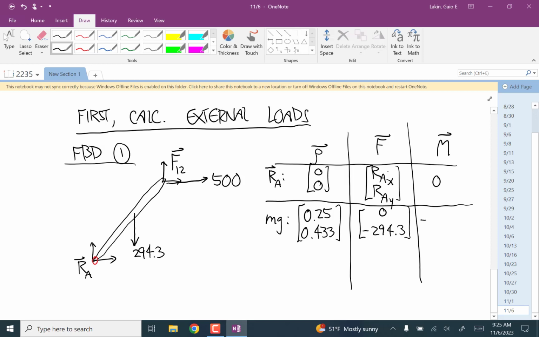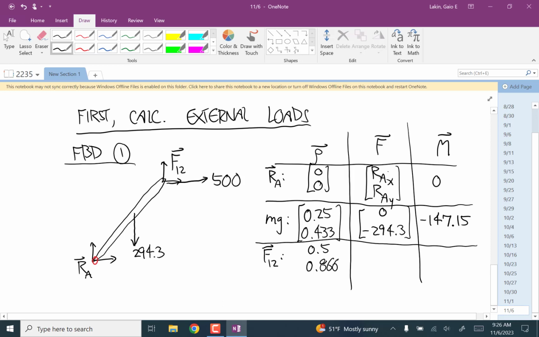And so the cross product is negative 147.15. Then the force, the row vector is 0.5, 0.866. Force is 500, 0. And so you get a cross product of negative 433.